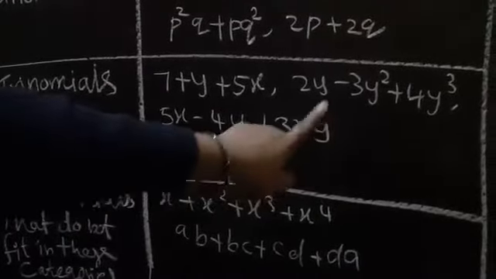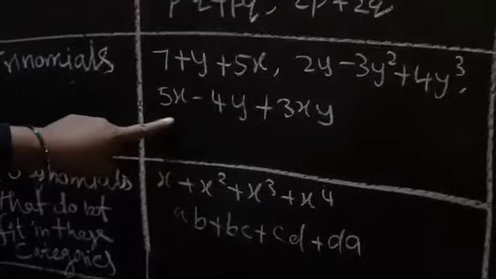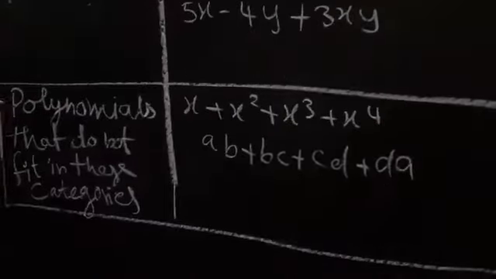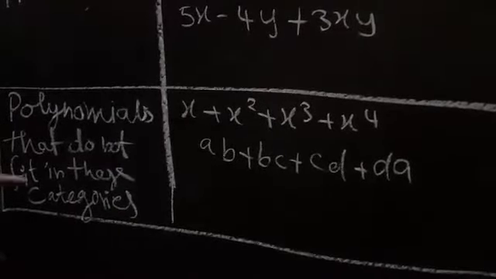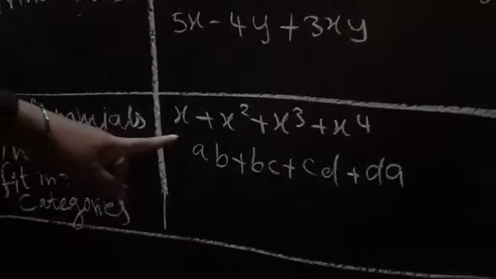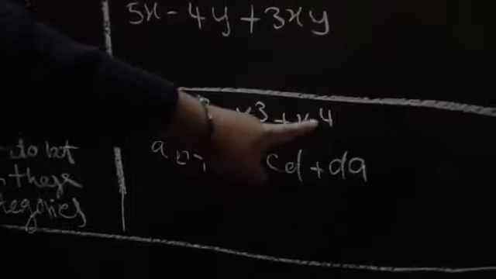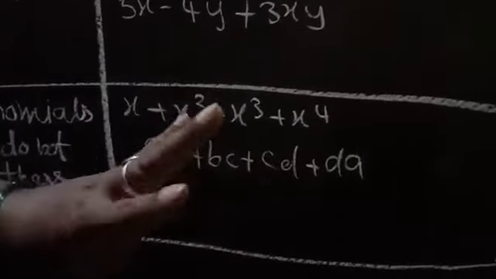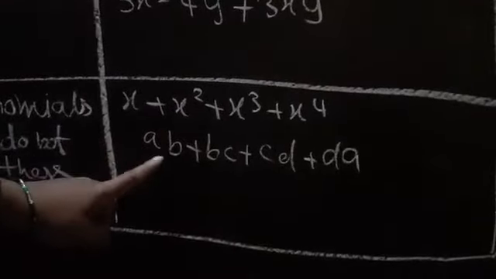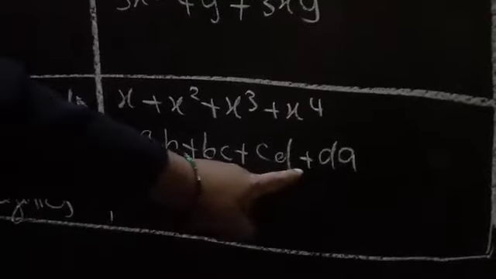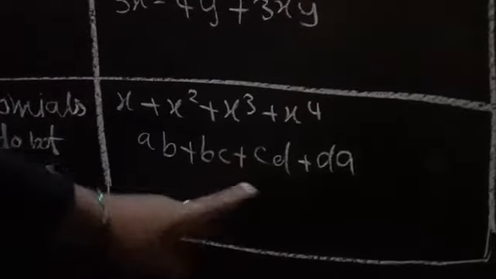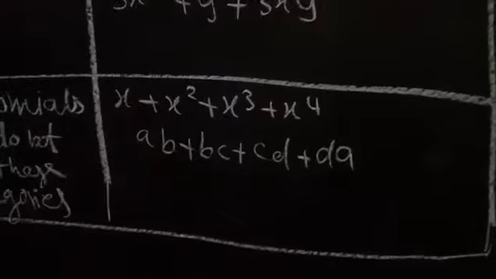In the same way I have separated the categories and written them in this trinomial. Polynomials that do not fit in these categories I picked up here. x plus x squared plus x cubed plus x power 4, they have given 4 terms. Here AB plus BC plus CD plus DA also they have given 4 terms. That's why I wrote them in this place.